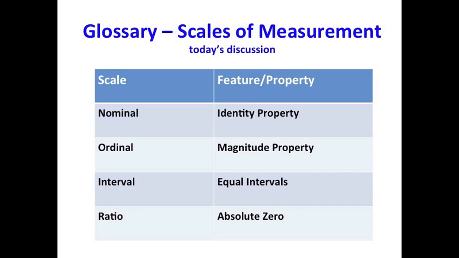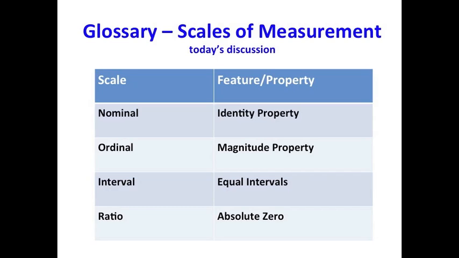Ordinal data is data along the same scale, but not necessarily with equal intervals in between. So it looks at magnitude, but it doesn't look at the measurement of that magnitude. So first, second, and third, biggest, middle, and smallest. But the intervals are not necessarily equal, and that restricts what you can do mathematically with those numbers.